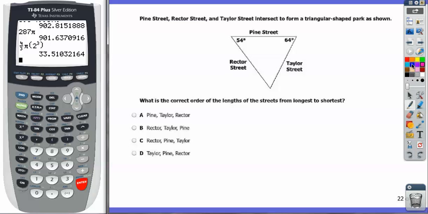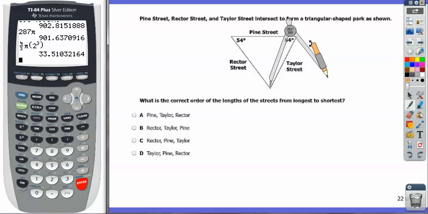So this one, I can do in a lot of fun ways, but it tells me to measure from longest to shortest. Now I'm telling you to use the compass because I'm going to pretend like I don't know anything, and I'll probably show you a different way in a second. So with this, I want to see which one is the biggest. So I'm going to put it here, and I'm going to measure.